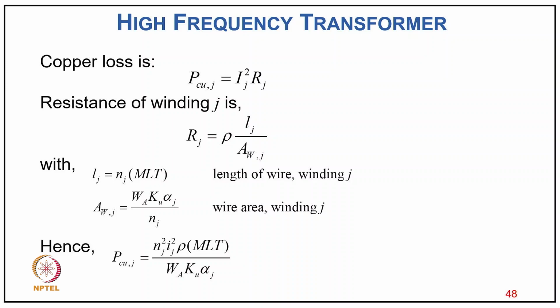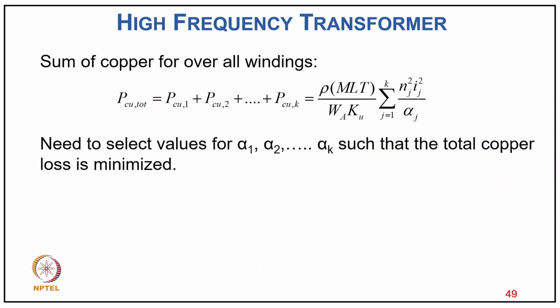Hence Pcu j will be nj square Ij square rho MLT divided by WA Ku alpha j, and the copper loss for the overall windings will be Pcu equal to Pcu1 plus Pcu2 up to Pcuk, that is rho MLT divided by WA Ku, sum over j equal to 1 to k of nj square Ij square upon alpha j.